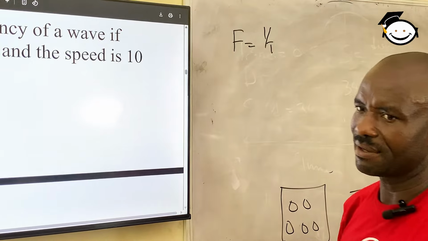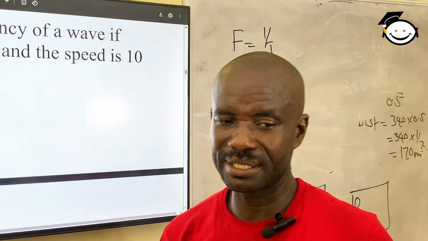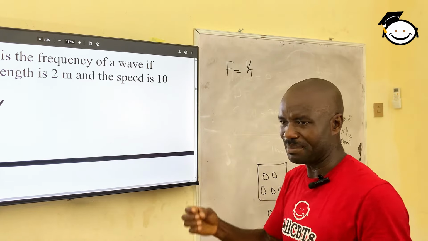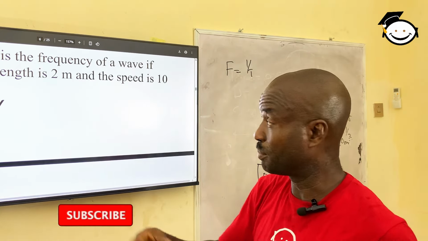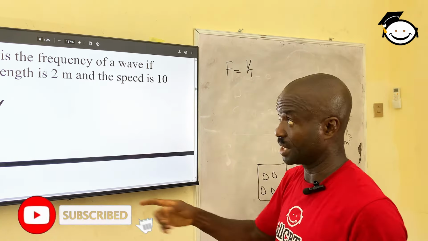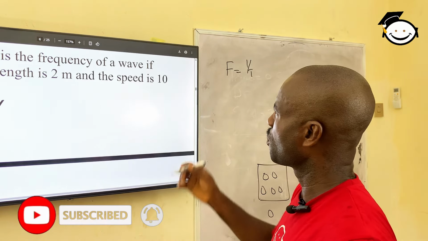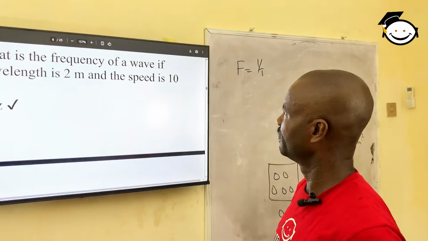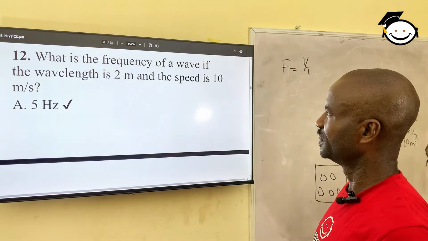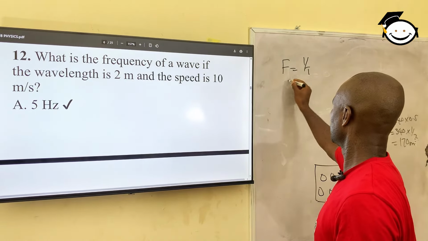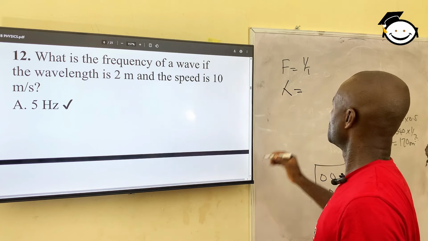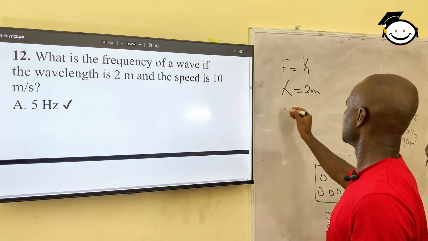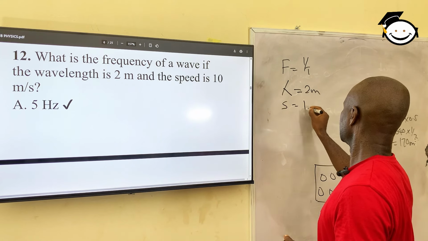The frequency is the time taken for an oscillation to be completed, that is, the time it takes for a system to complete a cycle. Now, what is the frequency of a wave if the wavelength is 2 meters, and the speed is 10.